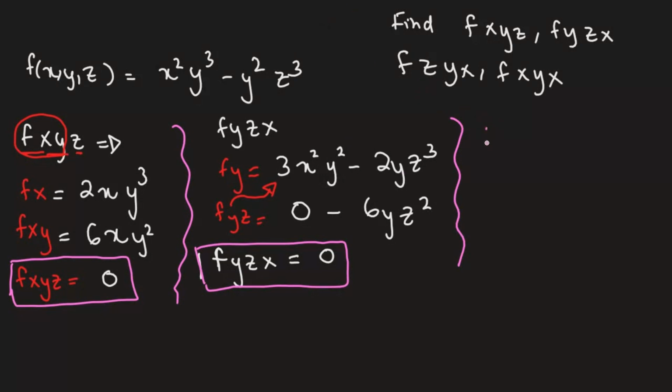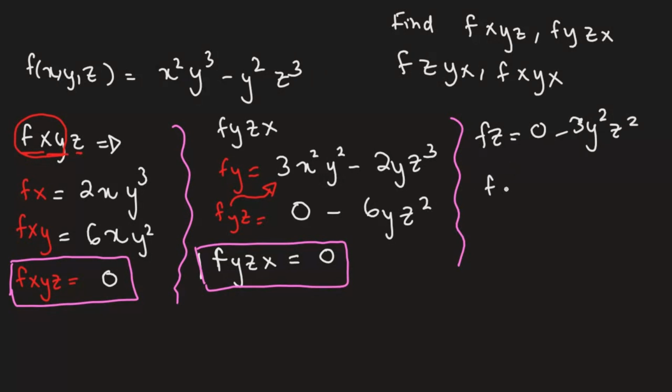So we are expecting this to be 0 as well. Let's see if it's 0 or not. First step is to calculate f of z. F of z means x and y are constant. The derivative of a constant is 0, and this stays there since it's a constant. Bring the 3 down, and z squared.